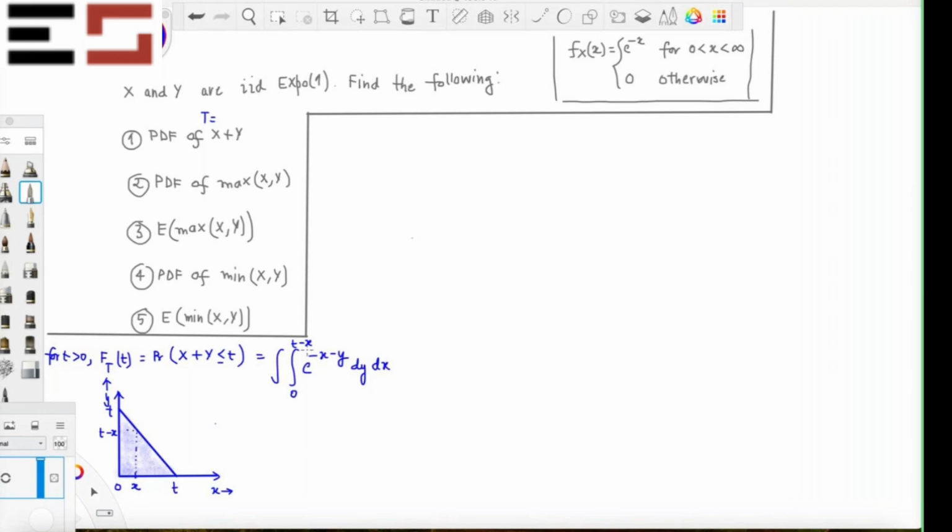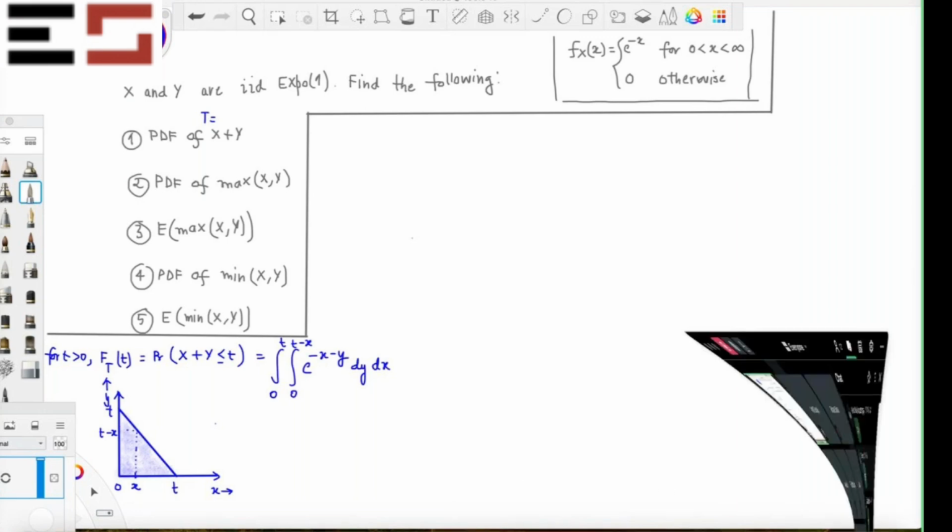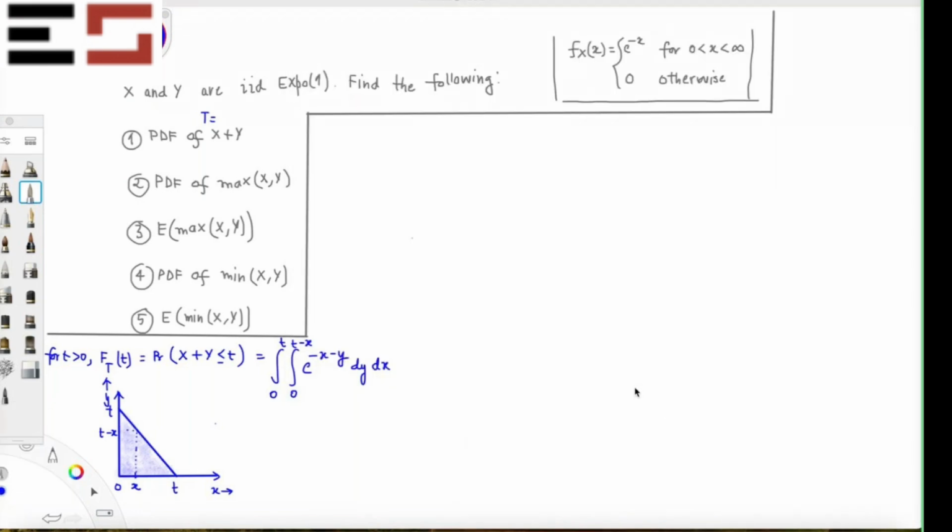And then you'll be integrating the result from 0 to t with respect to x. Yes or no? Is that okay? Is this clear? Now let us find this integral.